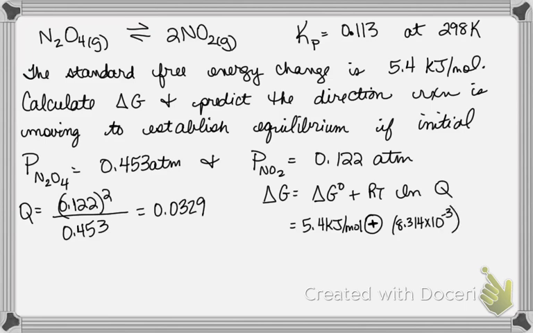I'm going to leave off the units because I'm running out of space, but notice I did use the kilojoule R. I'm going to break it down into steps. So I got 5.4 kilojoules per mole.